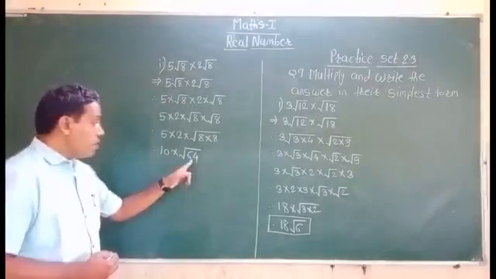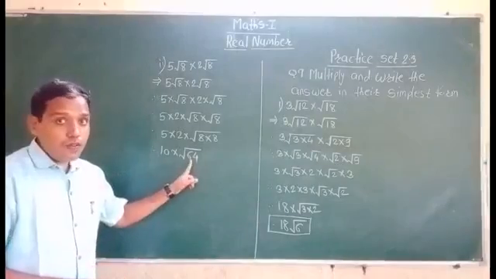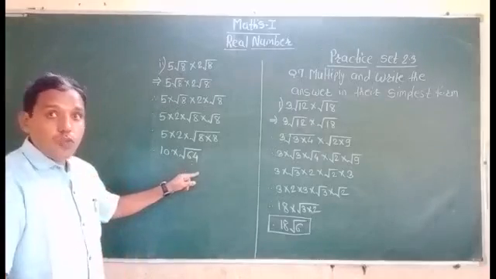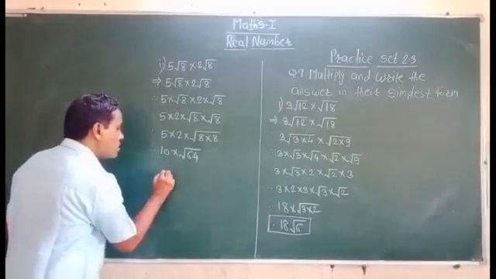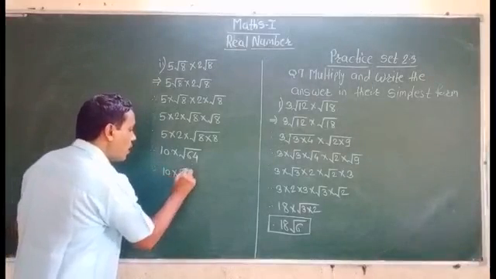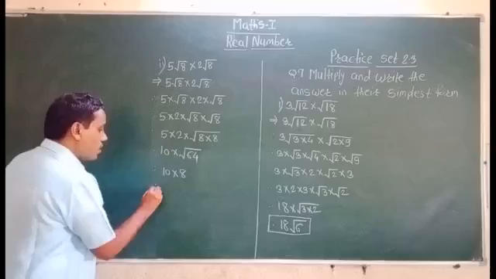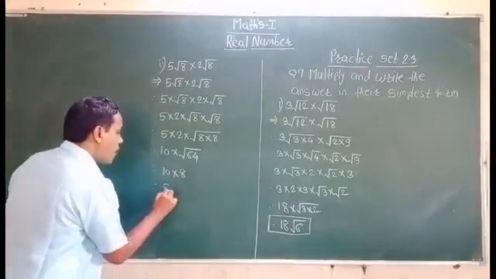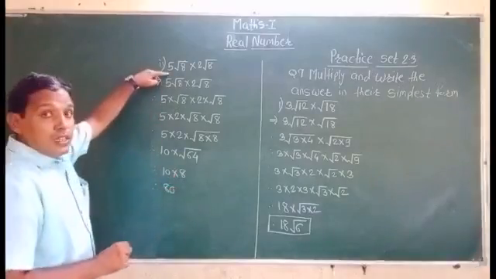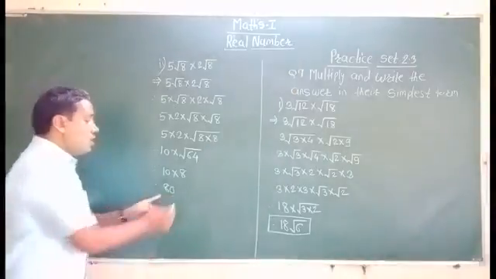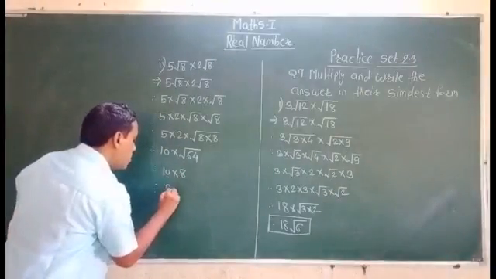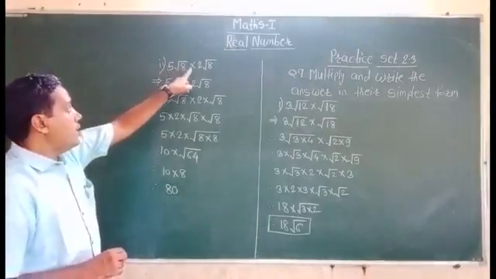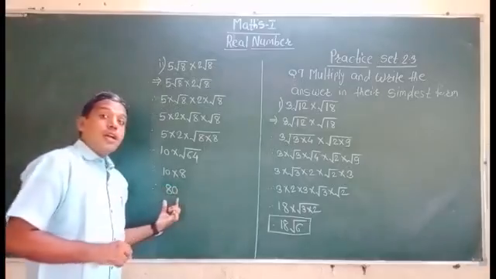So this is not a surd, and we have converted it into its square root form. So that square root form is 10 into 8. So 10 into 8 is 80, the final answer of the given surd, and this is complete in its simplest form. So the simplest form of 5 surd 8 into 2 surd 8 is 80.